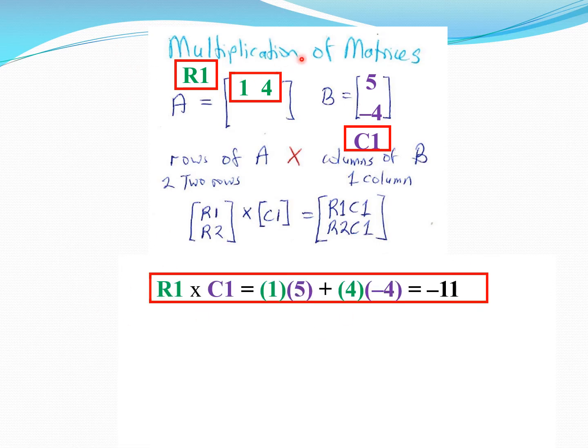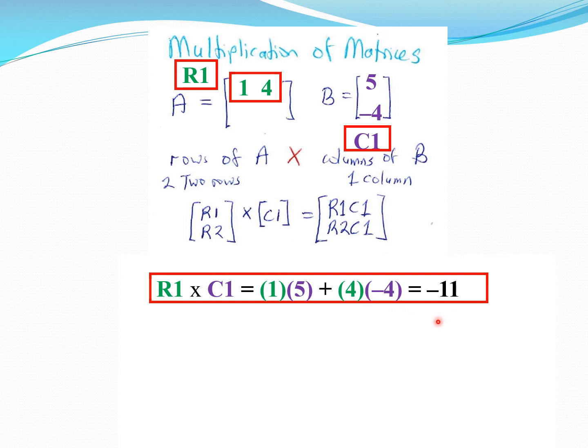So what's row 1 by column 1? It's 1 by 5, plus 4 by minus 4. So that's 5 and minus 16, which gives us minus 11.